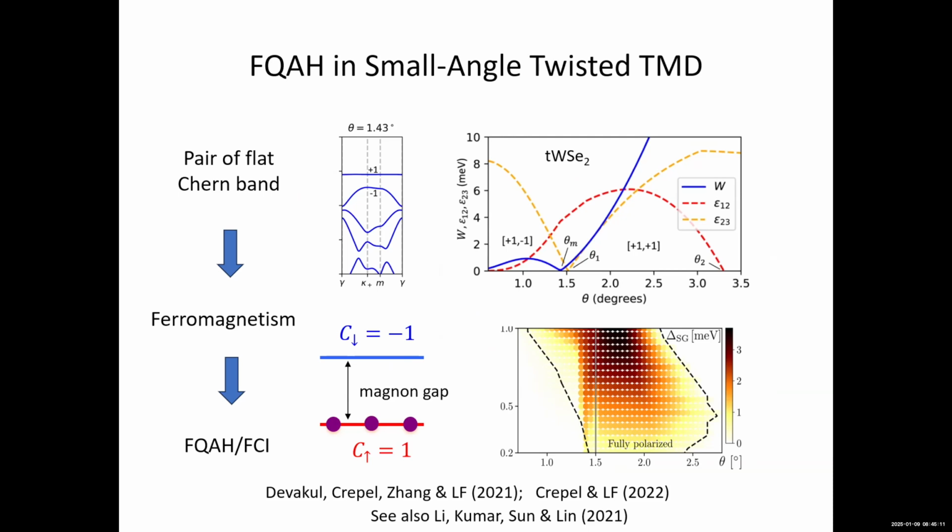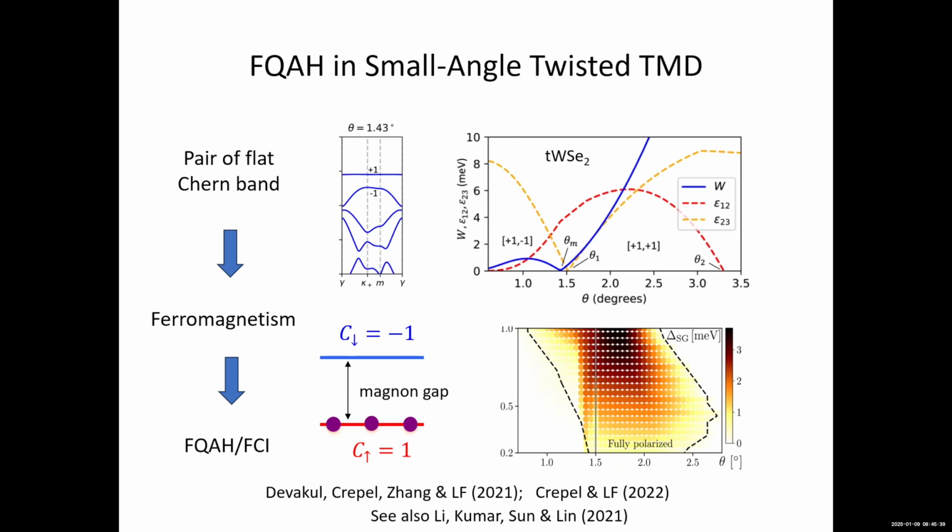So when you have these pairs of flat Chern bands, one for each spin, then at a partial filling, a strong Coulomb interaction can drive all the electrons spontaneously into one spin species. So this is basically flat band ferromagnetism. And we show that indeed, by exact diagonalization calculation with Valentin Crépel, we show the magnon gap as a function of the filling factor on the y-axis and the twist angle on the x-axis.